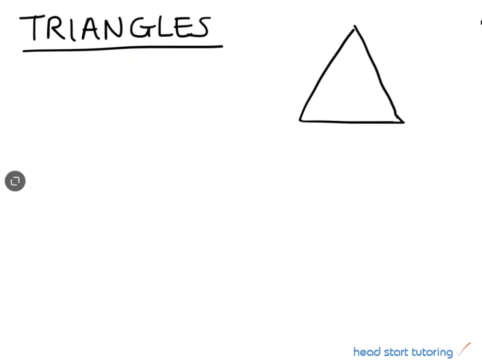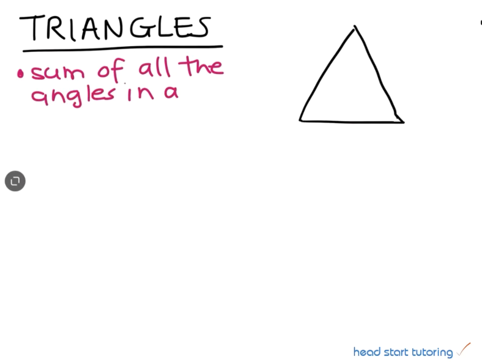Right, now we move on to triangles. So a triangle is a three-sided shape, like what we've got on the side, and the sum of all the angles in a triangle is equal to 180 degrees.